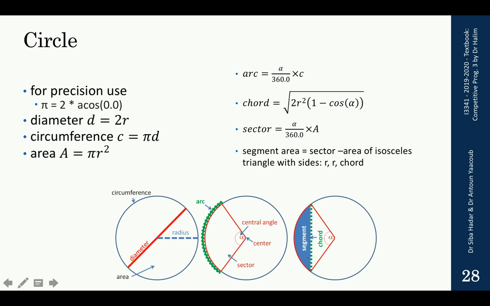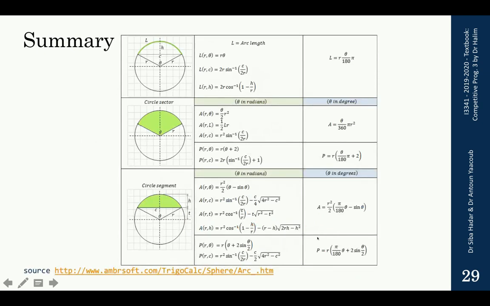If you want to calculate the segment area, it is given by the sector minus, of course, the area of the isosceles triangle with sides r, r, and the third side length is the chord. You can find other useful formulas for those values in degrees and radians on different websites. I gave you a specific link here.